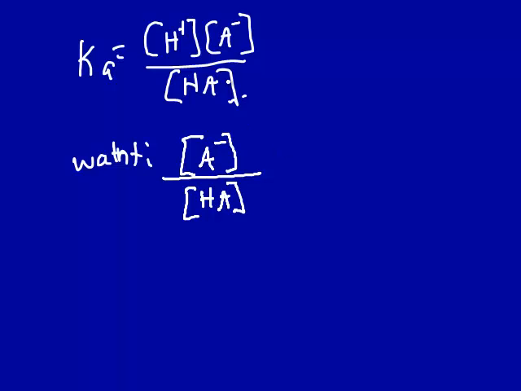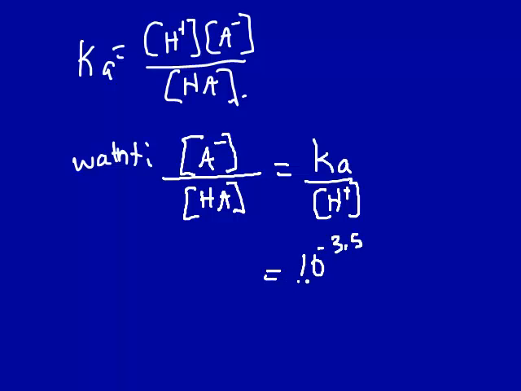Well, from this equation, if we just divide both sides by H plus, that's just equal to Ka divided by the hydrogen ion concentration in blood. Well, we know what these two things are. Ka is 10 to the minus 3.5, and in blood, hydrogen ion concentration is 10 to the minus 7.4.